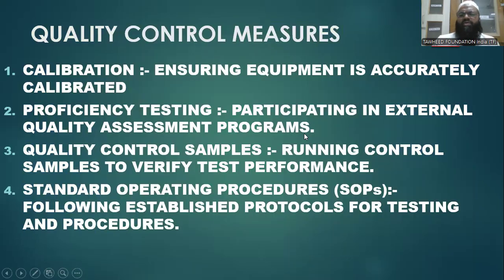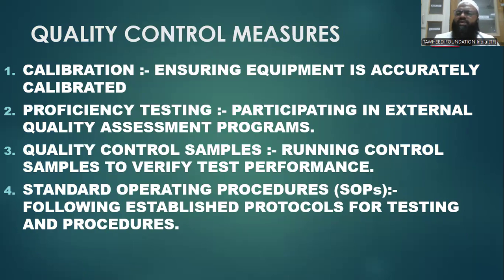So quality control measures. What are those? One is calibration, ensuring equipment is accurately calibrated. So why does calibration play an important role in the laboratory? Before testing, we need to test quality control material.